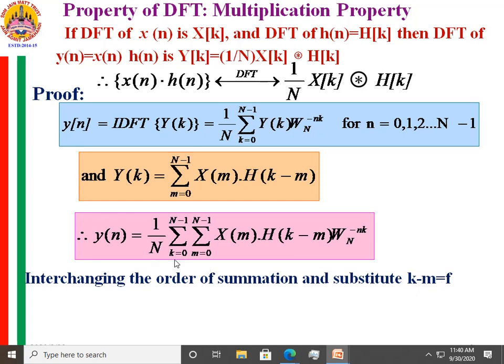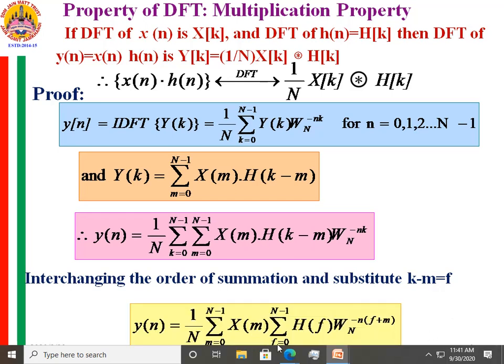So the summation, which was varying with respect to k, will now vary with respect to f. k was varying from 0 to N minus 1, and f will also vary from 0 to N minus 1, because both this h(k) and this W term are periodic with the period of N. So whether you vary from 0 to N minus 1 or from minus m to N minus 1 minus m, both are one and the same. In total N terms we have to take into consideration.